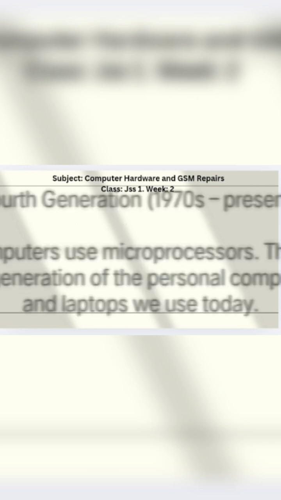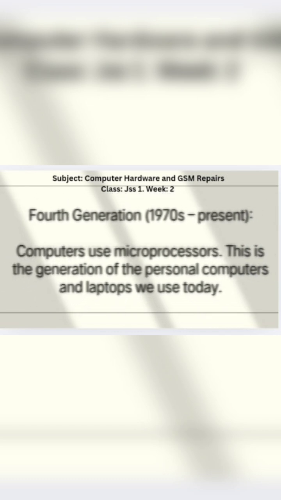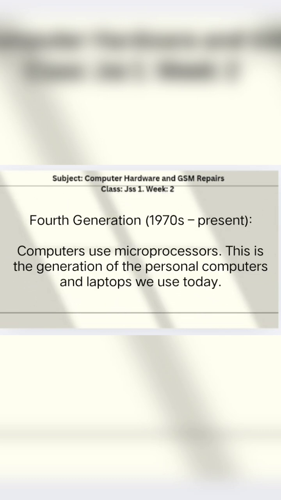The fourth generation of computer, from the 1970s till present, uses the microprocessor to process data. A microprocessor packs millions of transistors into a small chip, and later it advanced to packing billions of transistors into a small chip.